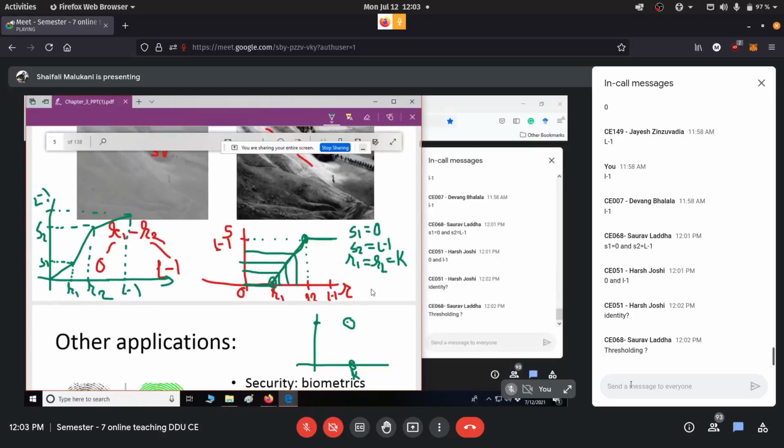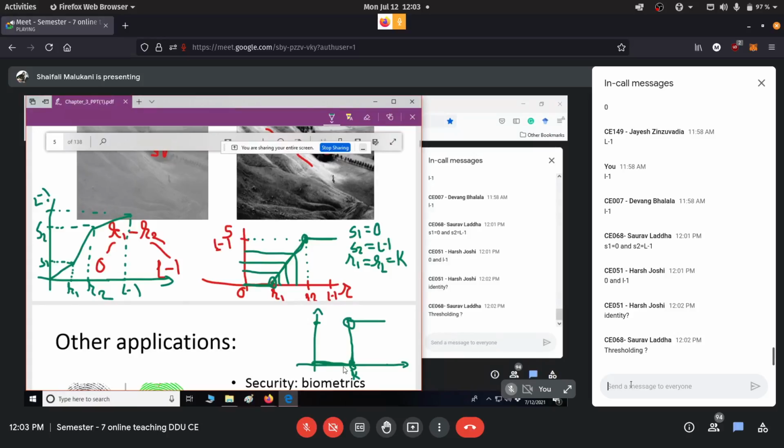So K itself is again mapped with L minus 1, right? So it will be a straight line like this and then this. From R2 onwards, once you reach L minus 1, you cannot exceed because you have a limit of that many bits. So it will be like this. This is the transformation.